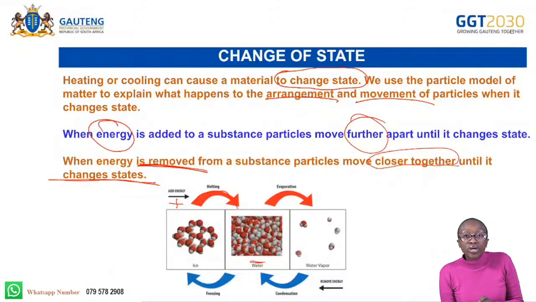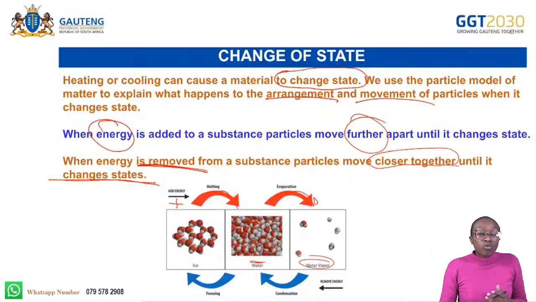If we continue adding energy to the liquid, the forces of attraction that are holding the particles of the liquid together will become weak, and then the particles will be able to break free, increase the space between themselves, the liquid evaporates and becomes a gas. Water becomes water vapor.